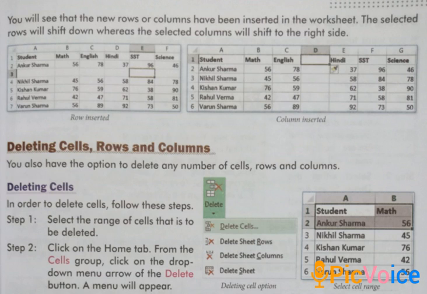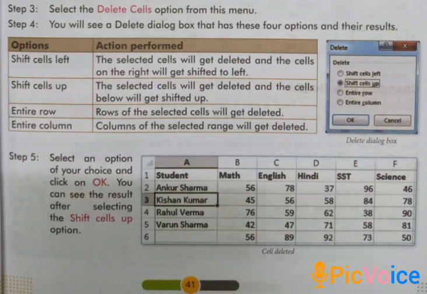Step 2. Click on the Home tab. From the Cells group, click on the drop down menu arrow of the Delete button. A menu will appear. Step 3. Select the Delete Cells option from this menu.